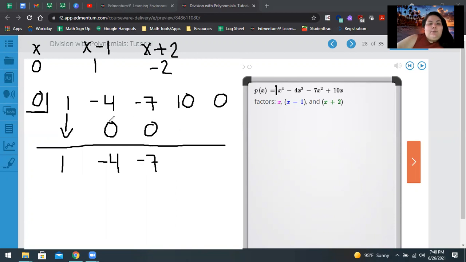So the idea between these two numbers is that you're adding them straight up and down. Negative 7 times 0 is 0. 10 plus 0 is 10. 10 times 0 is 0. 0 plus 0 is 0. So we just completed synthetic division on this.